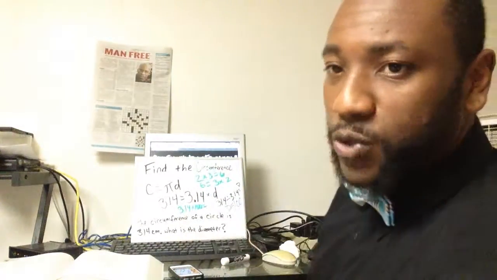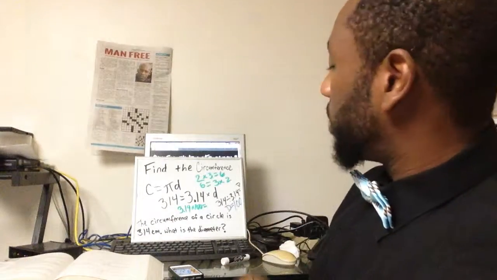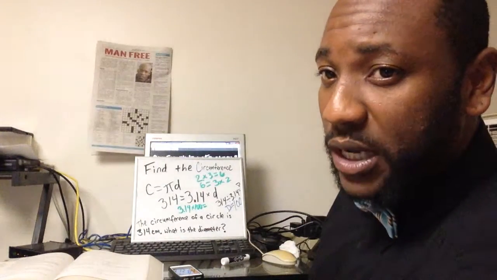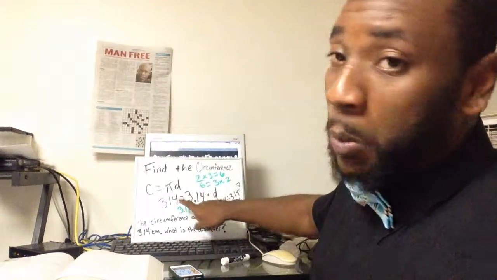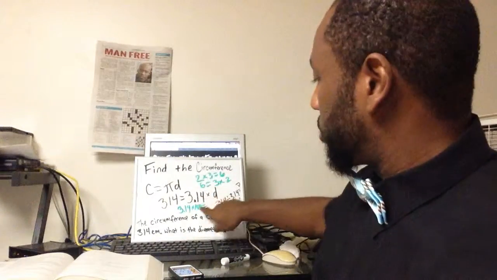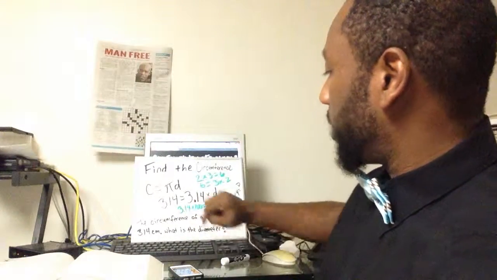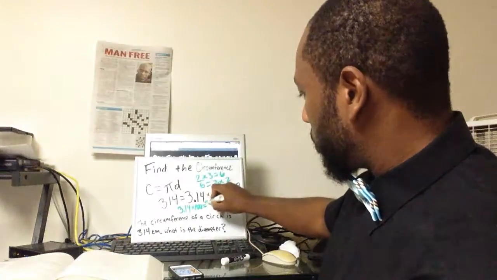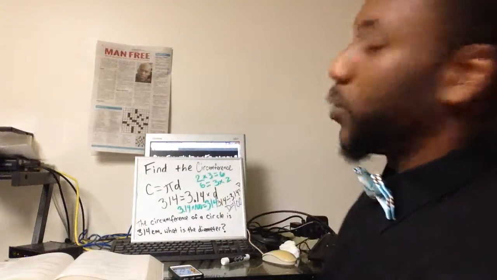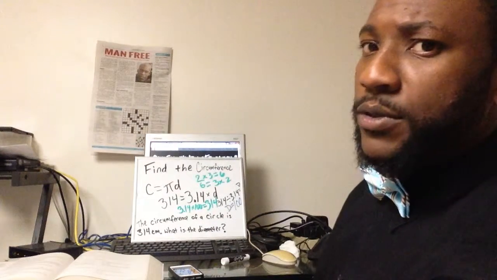And a little trick to multiplying big giant numbers like this, if you didn't know already, whenever you multiply a number by 100, the only thing that's going to happen is this decimal is going to move 2 places to the right because there's 2 zeros there. And when you move that decimal 2 places to the right, you are definitely going to get 314.